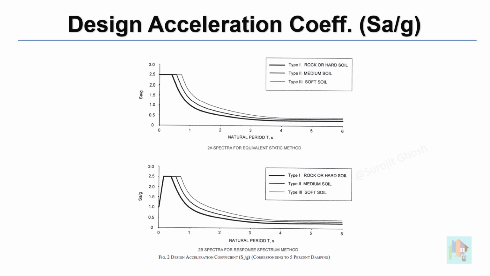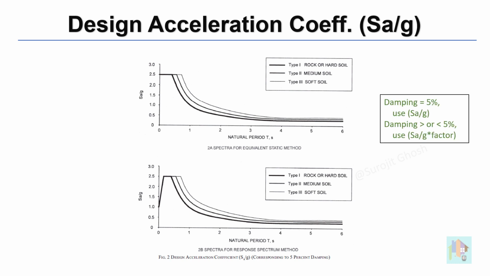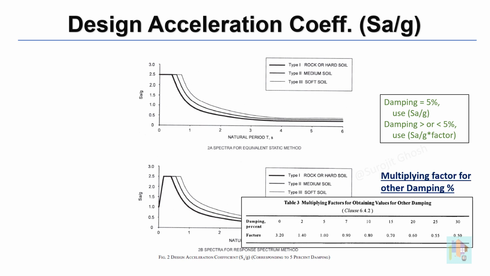Depending on the site-specific soil class, 3 separate curves are provided, and if we want to compute SA by G, we need the time period of the structure. By the way, these equations and curves are plotted for 5% damping, and for other damping percentage, SA by G value is modified. This modification factor is not available in IS 1893-2016, though it is mentioned under table 3 of IS 1893-2002.